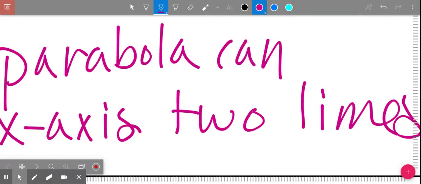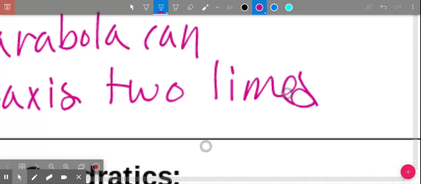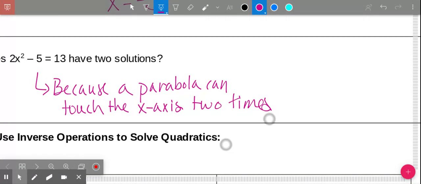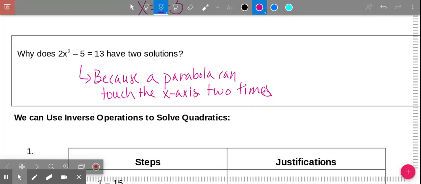Because remember, if we were to graph something, our quadratic can hit twice. It can hit here and it can hit here, okay?